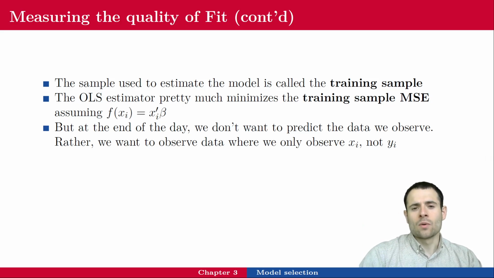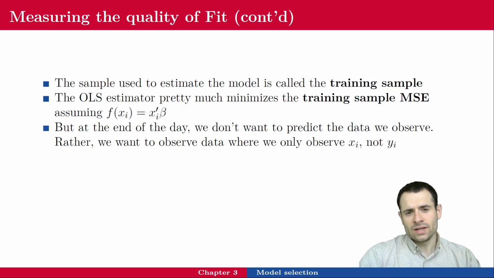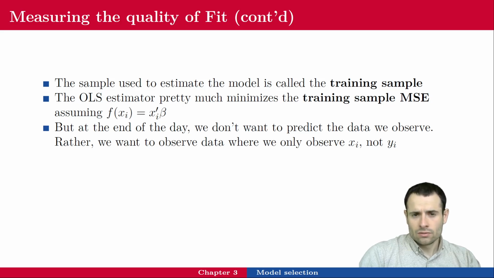And you use what you observe as a template to predict what you will not observe. If you observe the x's but you don't observe y, then you would like to use the estimator that you used on a sample to extrapolate the results of these regressions onto unobserved data.